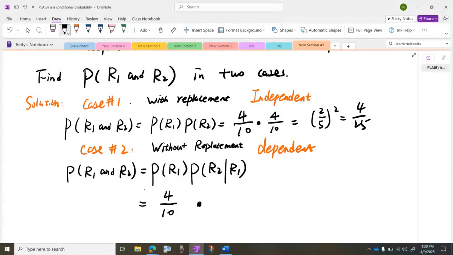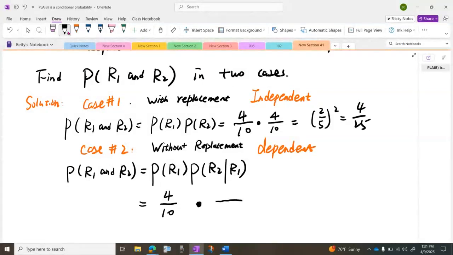So the probability of getting a red marble the first time is 4/10. Since we are using the multiplication rule, multiply by the probability of the second time also getting a red marble. You don't have to worry about the formula. You do not need to really write this. Just think about the multiplication rule and the fundamental counting principle.